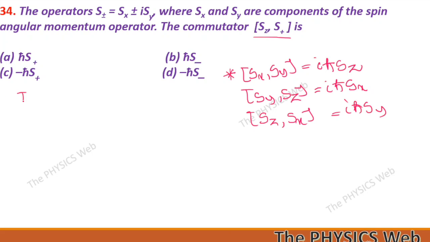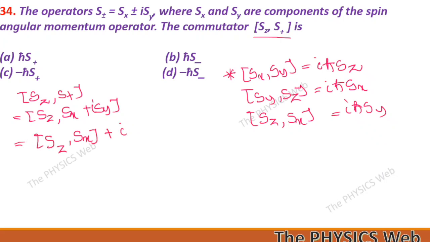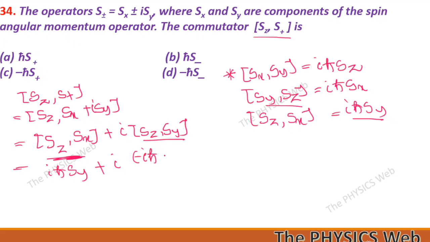Okay, so the commutator of Sz with the S+ operator. So [Sz, Sx] + i[Sz, Sy]. Okay, so [Sz, Sx] will give you iħSy, plus i[Sz, Sy], so it will be minus iħSx.